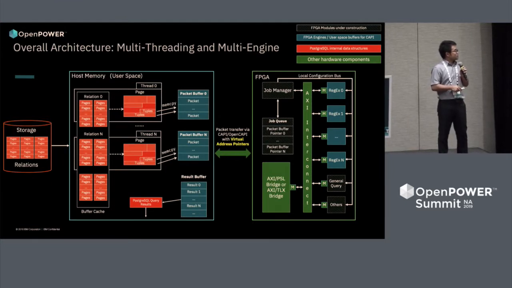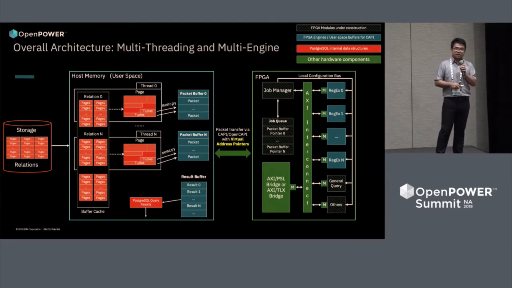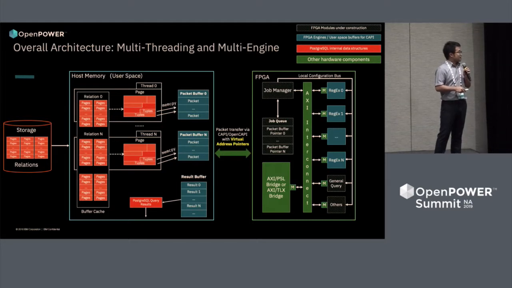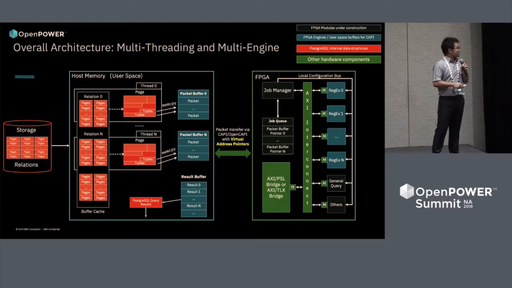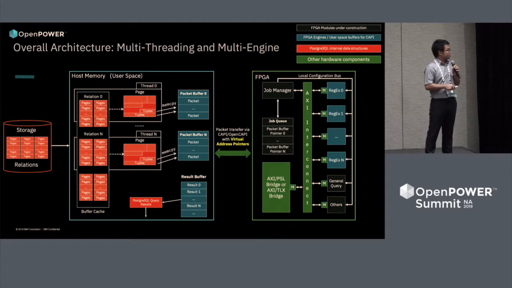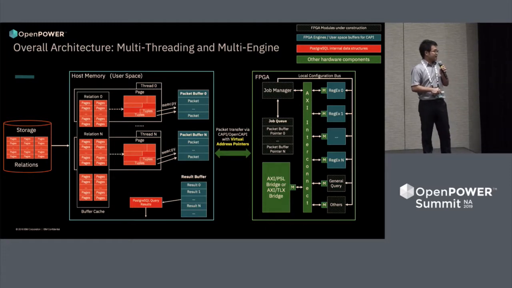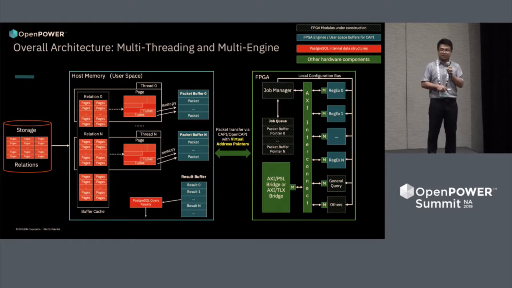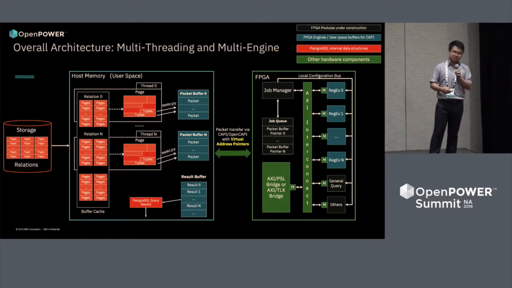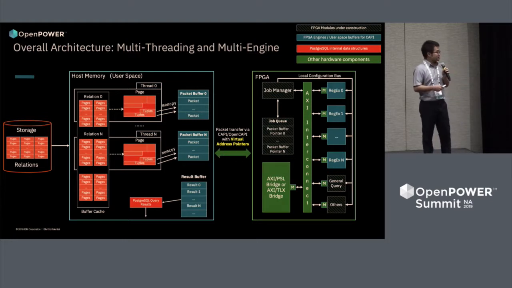Those regular expression engines are connected with an AXI interconnect, and they talk with the host memory by a bridge, which is the AXI to CAPI or OpenCAPI bridge. For CAPI, it's AXI to PSL. For OpenCAPI, it's AXI to OpenCAPI TRX.